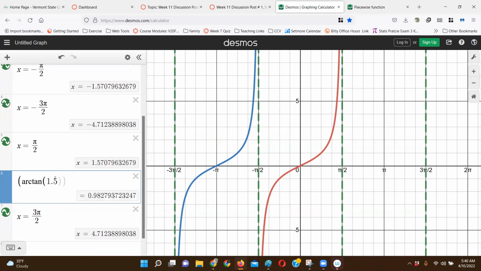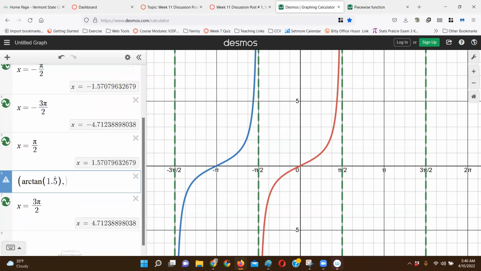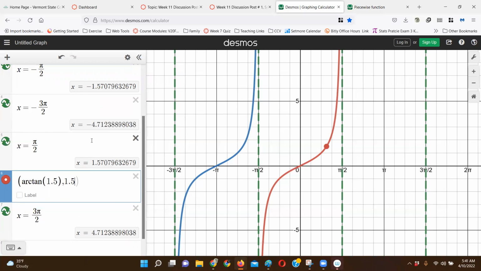We'll do the arctan of that. I know that's in section 3 rather than section 2, but this will get us a point at least. Here we go. So this is the point where tangent equals 1.5, and they aren't asking us to find that point. They don't care.